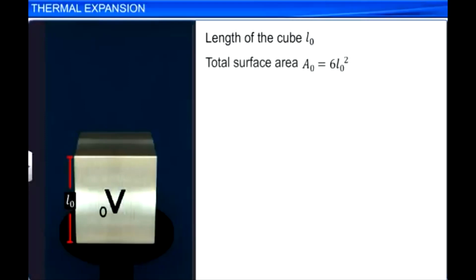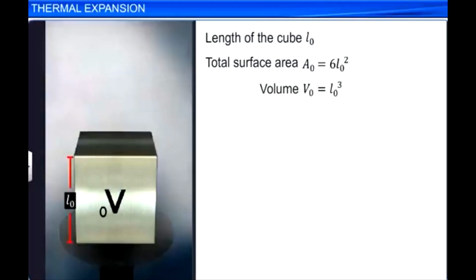Let's prove the identity by considering a cube of length L naught. Its total surface area A naught equals 6 L naught square and its volume V naught equals L naught cube.